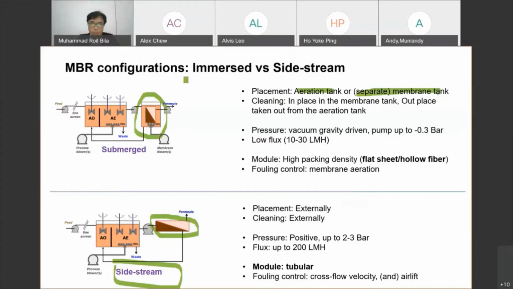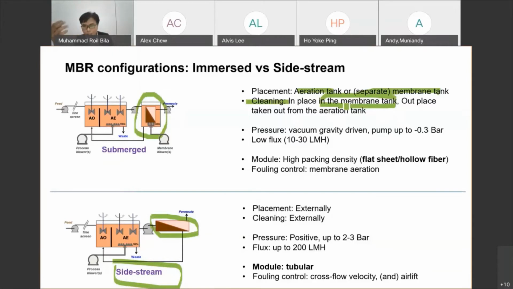The main feature of this kind of membrane is that once or twice a year, you will need chemical cleaning. If you have two separate tanks, you can just stop the circulation pumping and clean it in that tank.